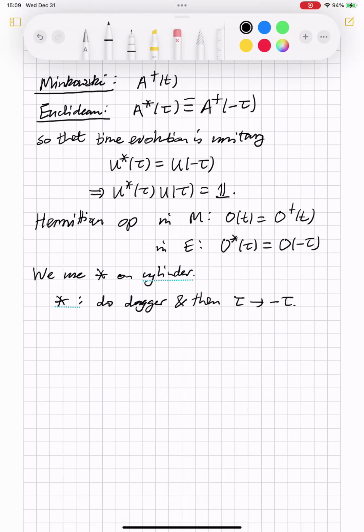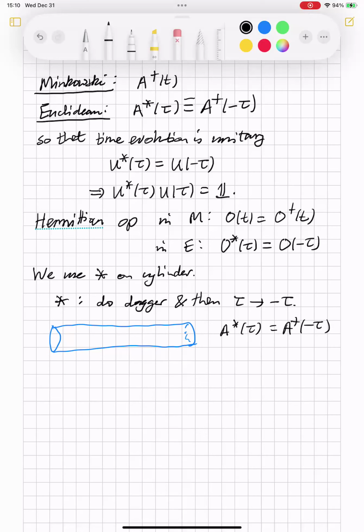So that's what star is. It's that composite operation. So here is our dagger on the cylinder, and all of the equations would apply. A star of tau is equal to A dagger of minus tau.